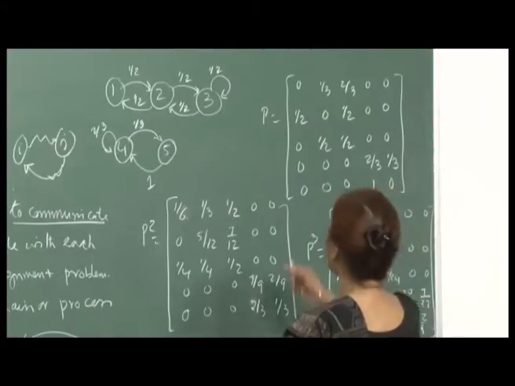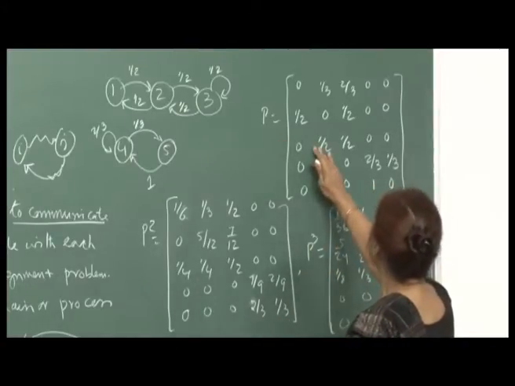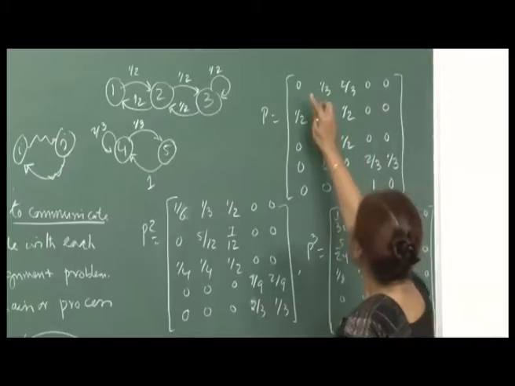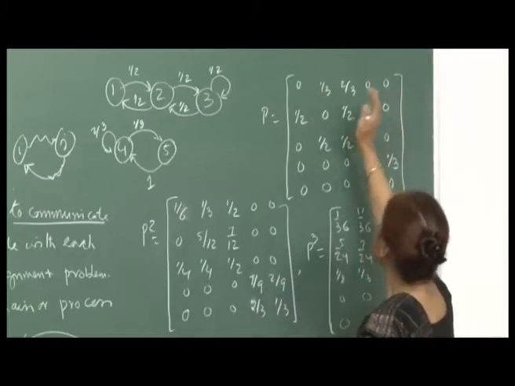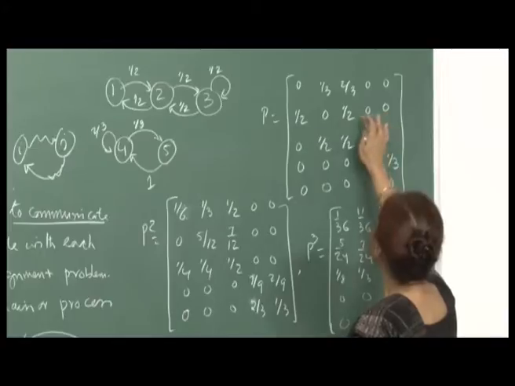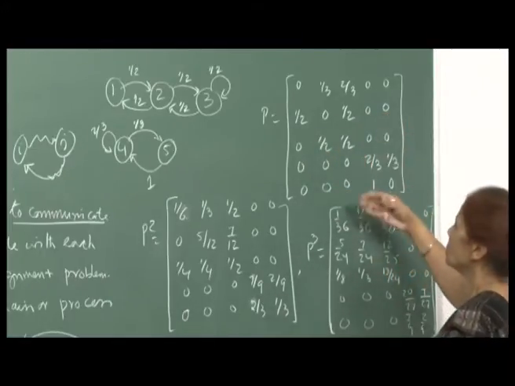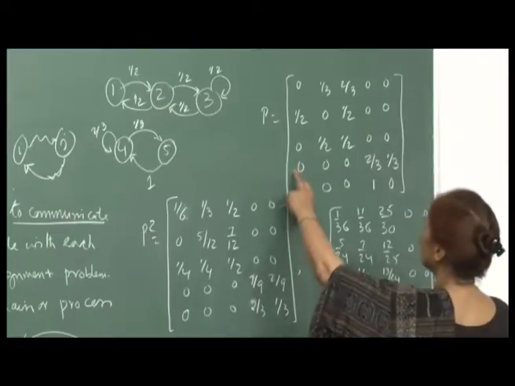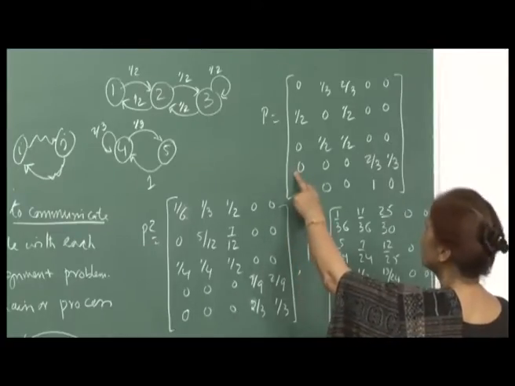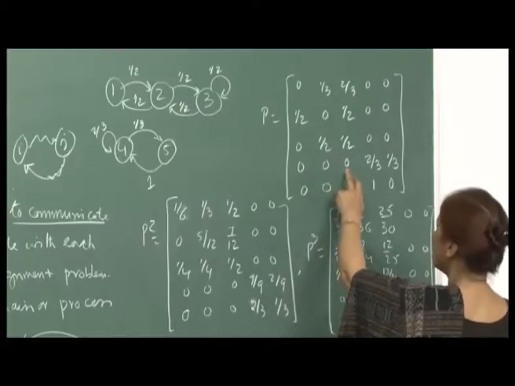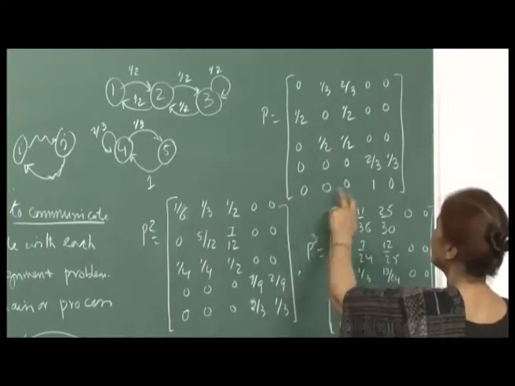So let us start with P, the transition matrix. You see there is no arc from 1 to 4 or 1 to 5. Similarly, there is no arc from 2 to 4, 2 to 5, and from 3 to these. In the same way there is no arc from 4 to 1, 4 to 2, 4 to 3, and 5 to 1, 5 to 2 and 5 to 3.